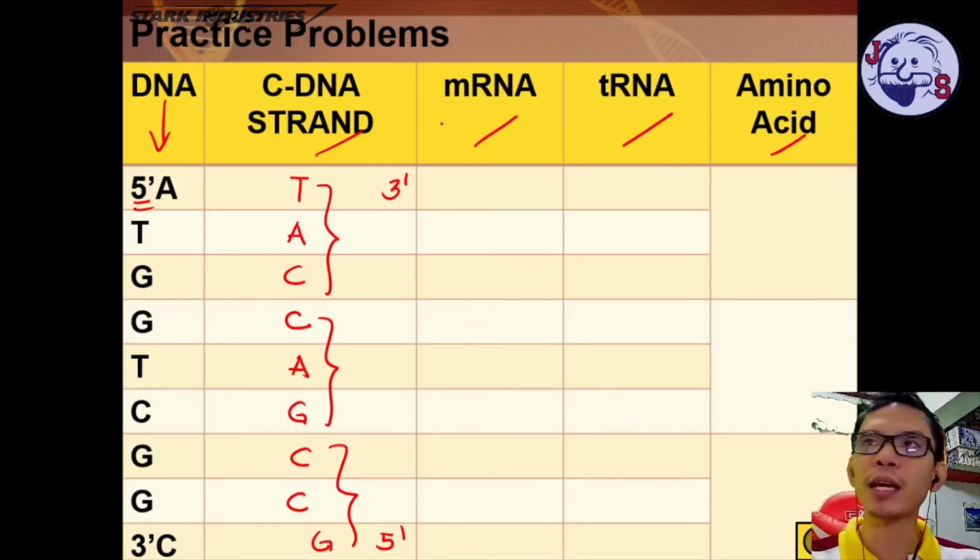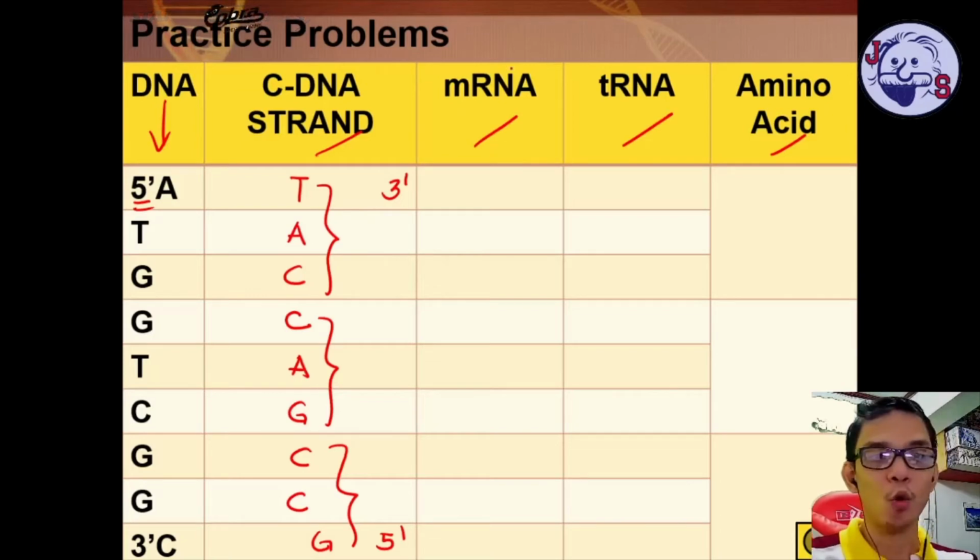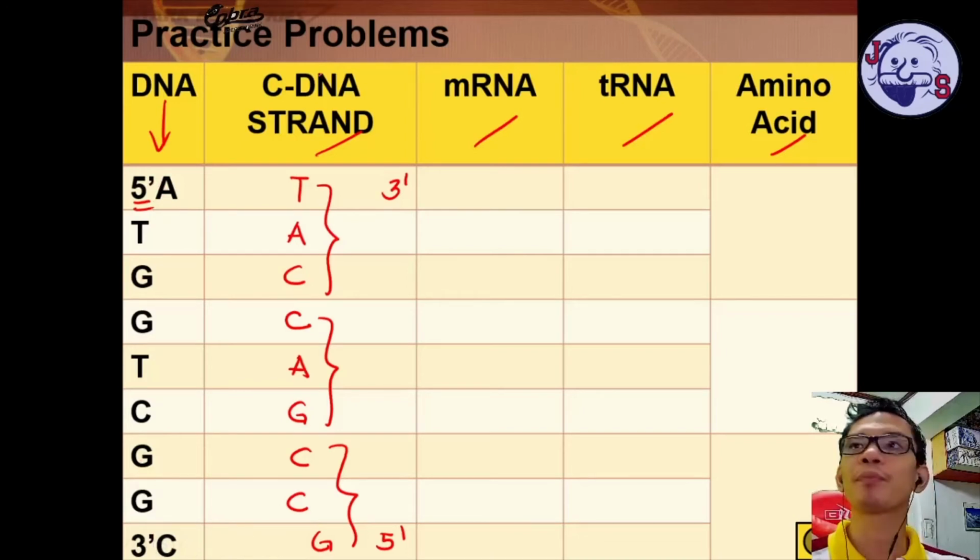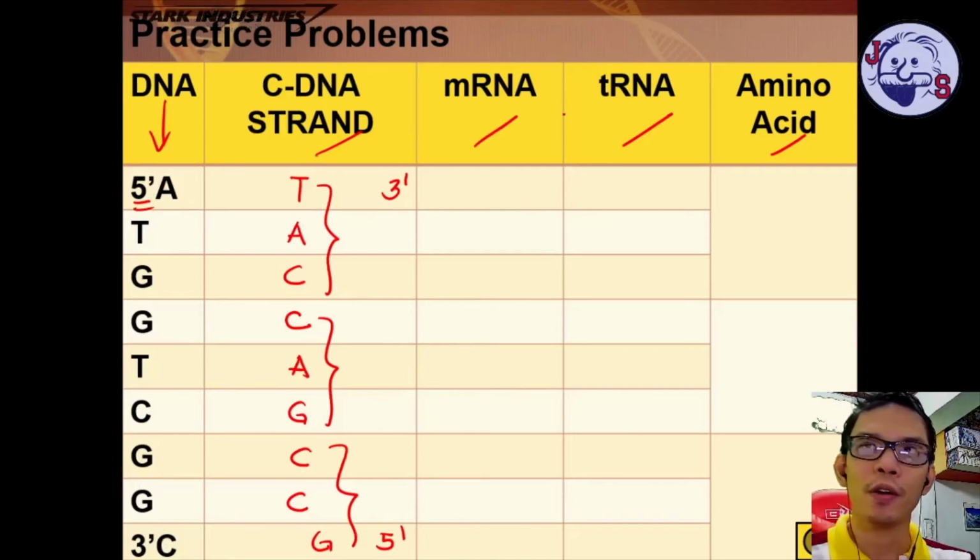Okay, let's take a look at the mRNA. What is the mRNA sequence for this segment that you have over here? If this is 5 prime, the mRNA should be 3 prime. So we have A, and A is U in RNA.